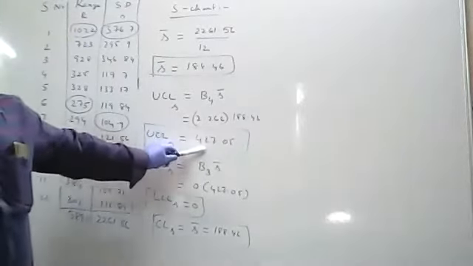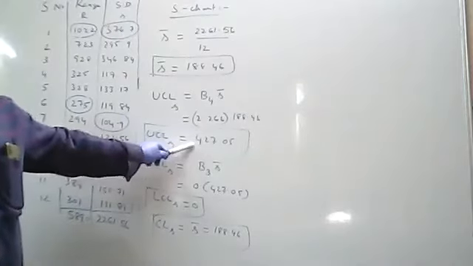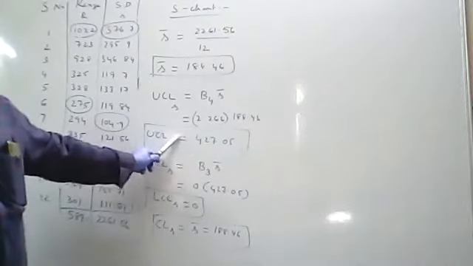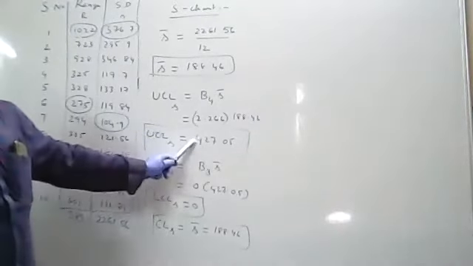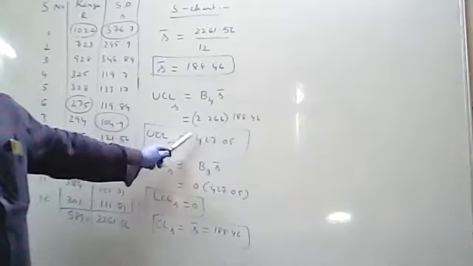Which is more? 427. So the scale should be considered up to 450, since the maximum value is 427.